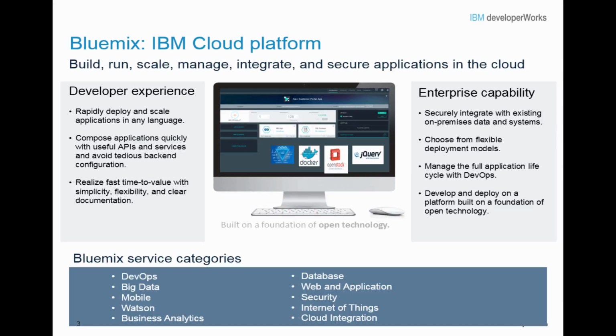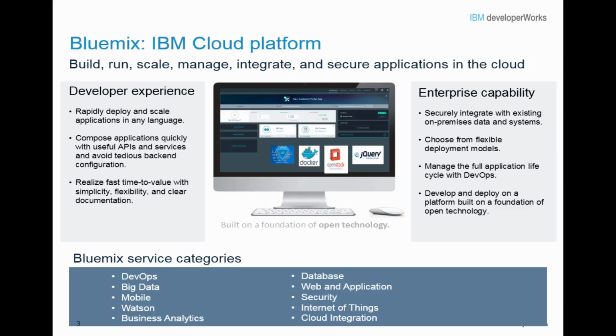Bluemix offers services in the following categories: DevOps, Big Data, Mobile, Watson Cognitive Services, SQL and NoSQL databases, Business Analytics, Web and Application Development, as well as Security, Internet of Things, and very importantly, Hybrid Cloud Integration.